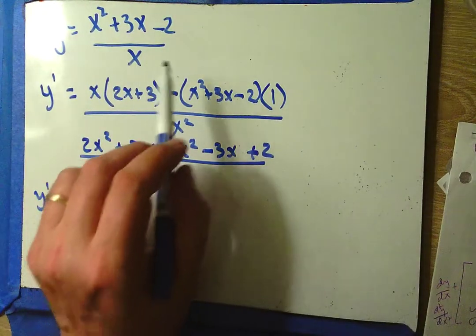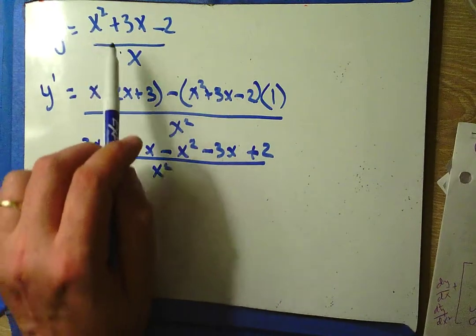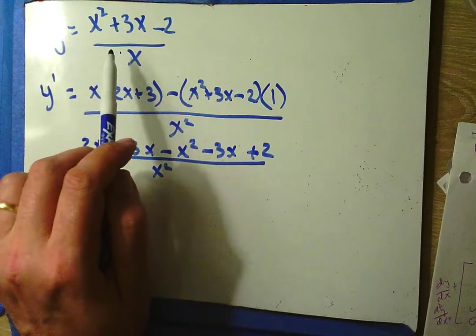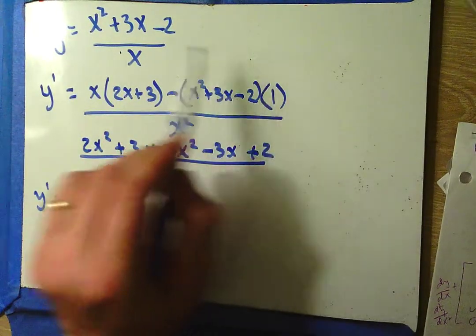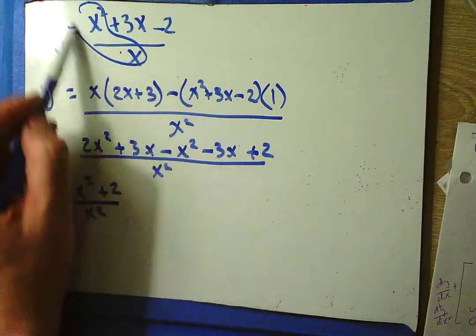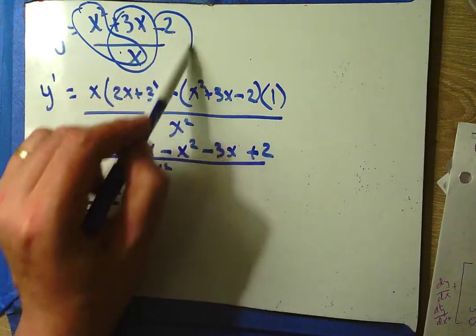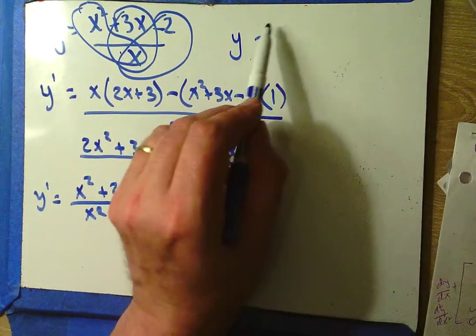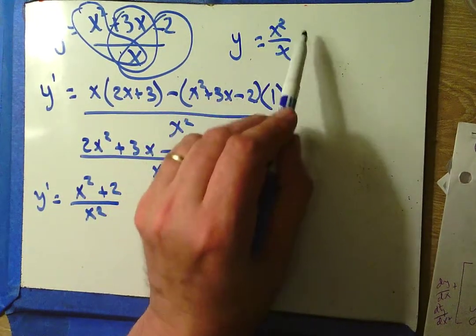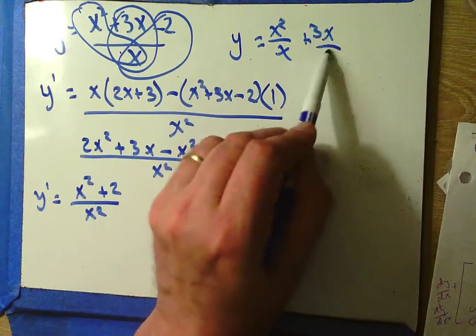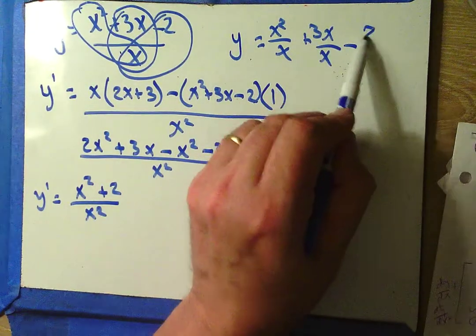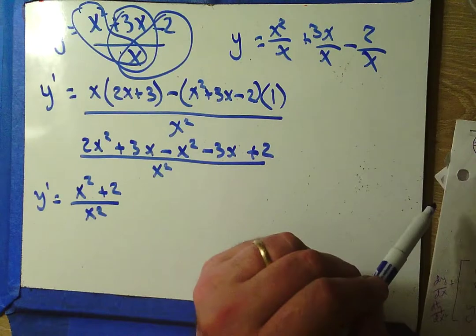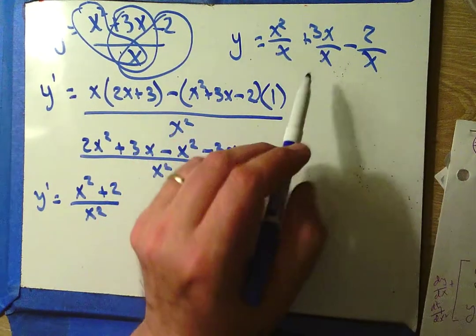But I mentioned before I wanted to do this problem a second way as well. So the second way is I want to first rewrite this as a sum of terms. So that means splitting this into 3 fractions. So y could be x squared over x plus 3x over x minus 2 over x. Okay, and I can do a little simplifying here.